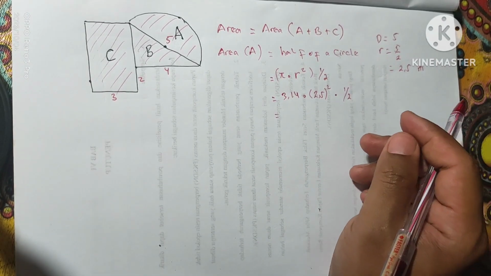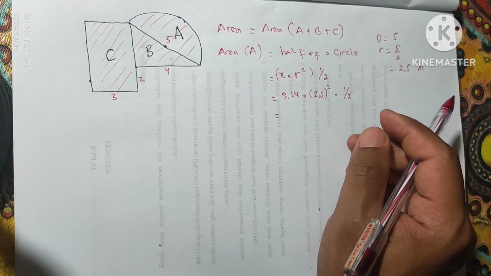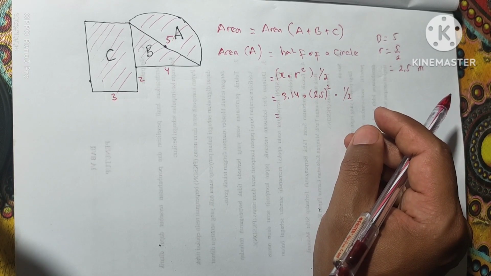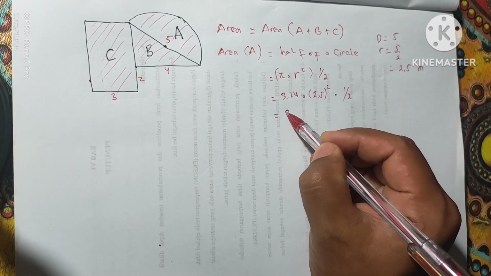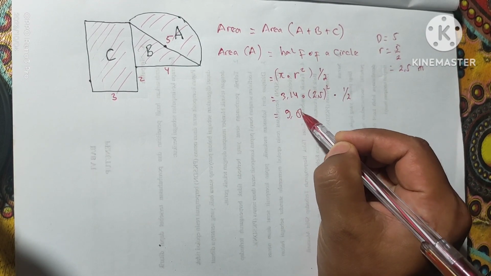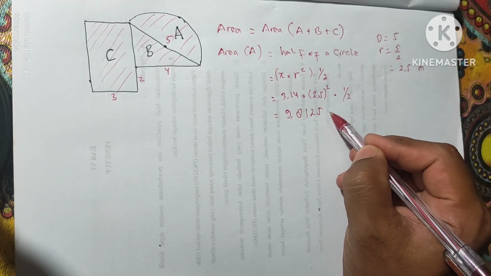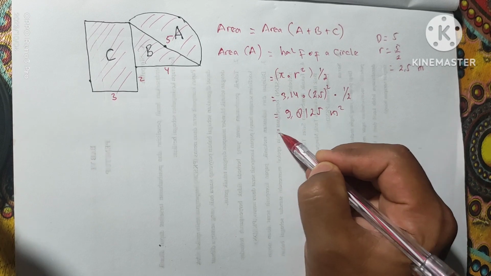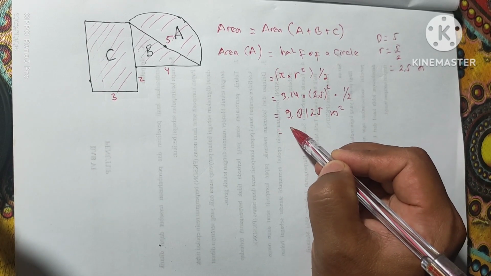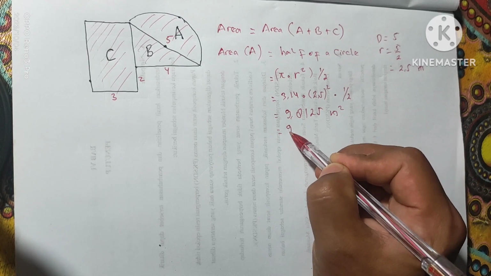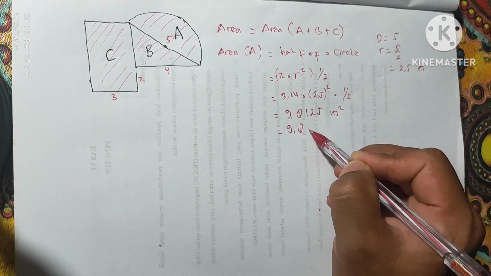So the area will be around 9.8125 square meters. Let's say we make only one decimal, it will be 9.8 square meters.